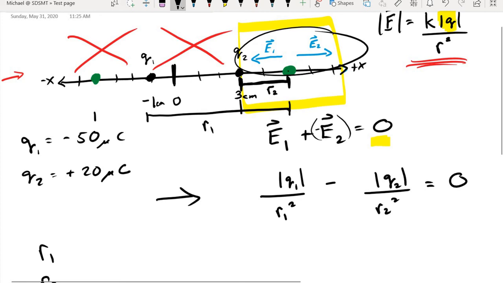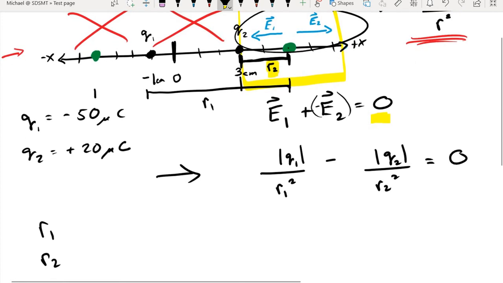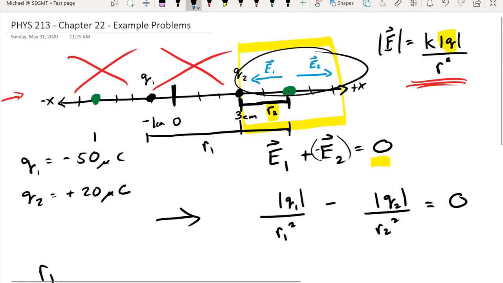And so I'm going to say that R2, which is the distance from Q2 to the point out in space where I'm trying to measure everything. Again, I don't know where this point is. And so don't deceive yourself in thinking that that's 5.